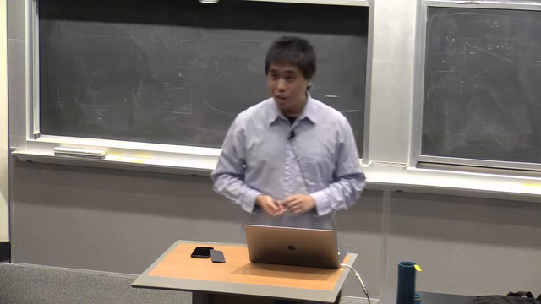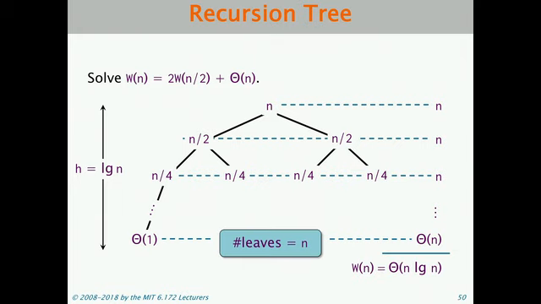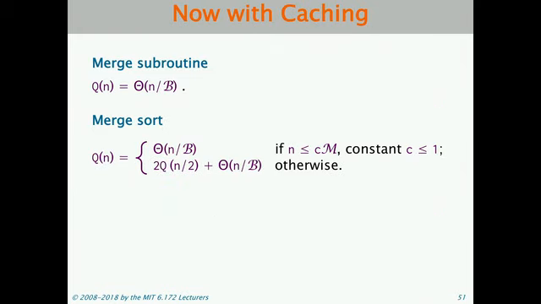OK, so now let's analyze this with caching. We said earlier that the cache complexity of the merging subroutine is theta of n over b. And here's the recurrence for the cache complexity of merge sort. My base case is when n is less than or equal to cm for some sufficiently small constant c.